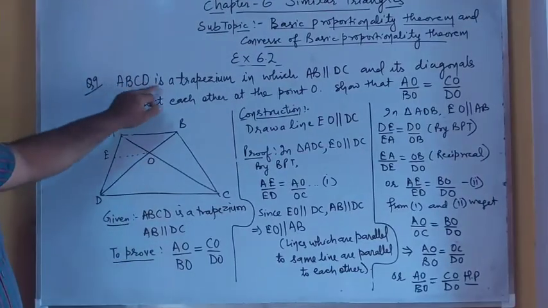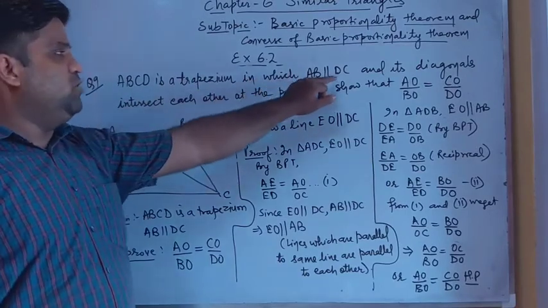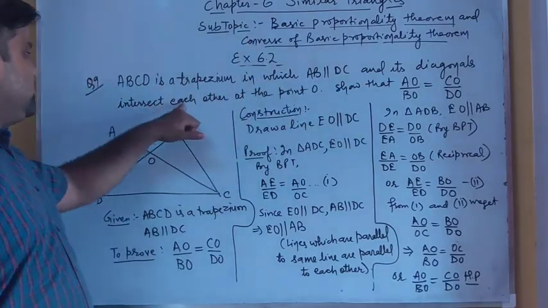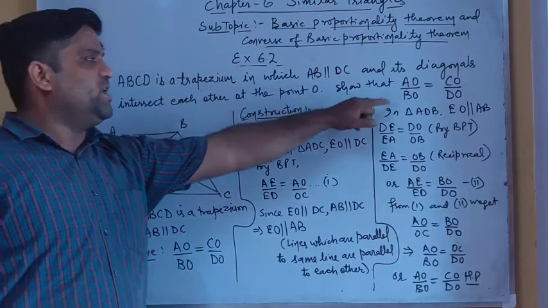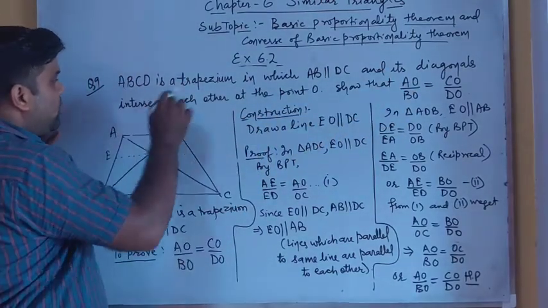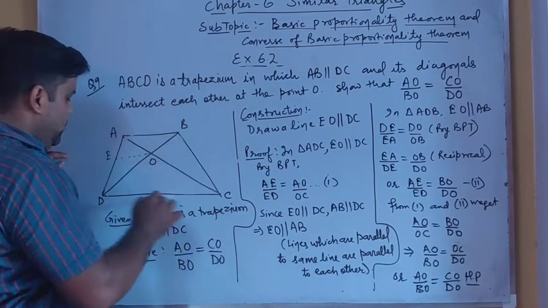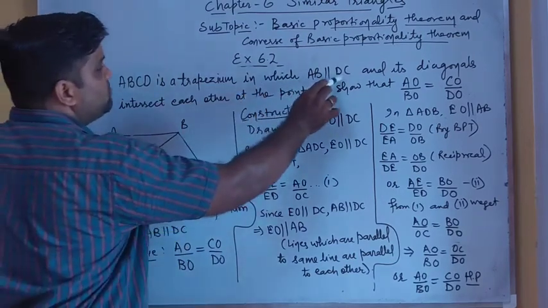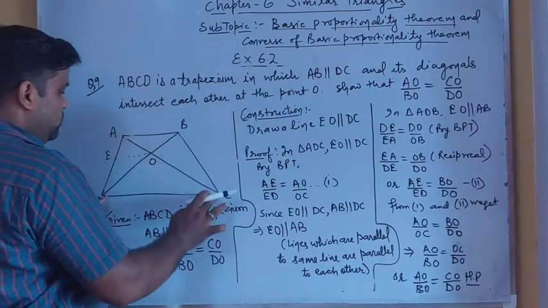Number 9. ABCD is a trapezium in which AB is parallel to DC and its diagonals intersect each other at the point O. Show that AO by BO is equal to CO by DO. First of all we draw a trapezium. ABCD is a trapezium in which AB is parallel to DC. Here this AB is parallel to DC.